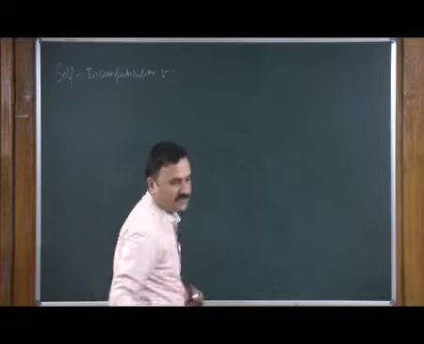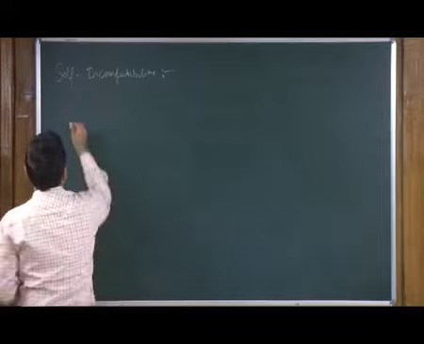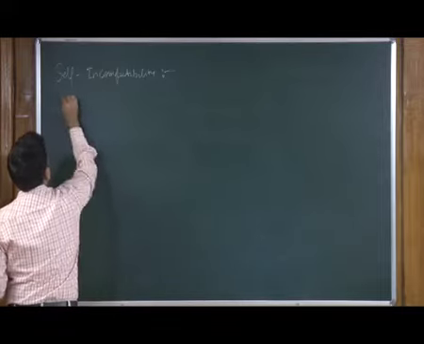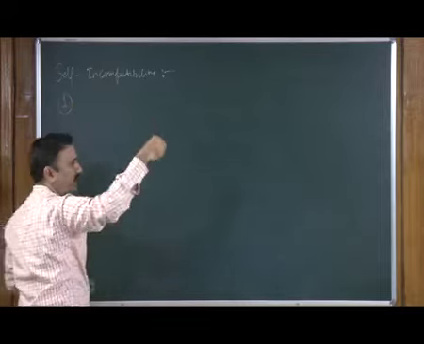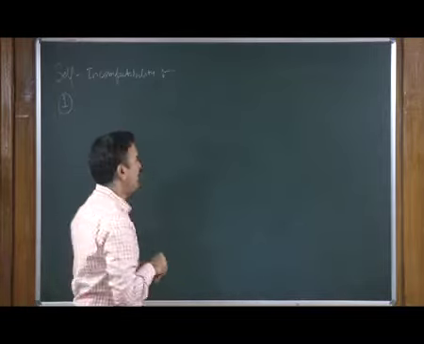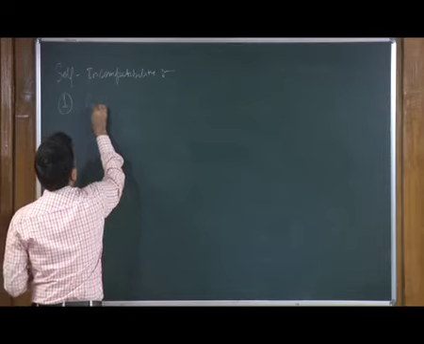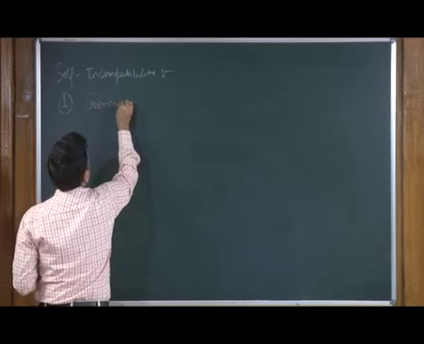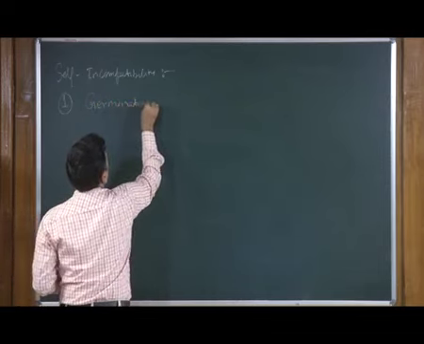What are these stages? Number one, as soon as the pollen grains fall onto the stigma, the plant may prevent the germination of the pollen tube.